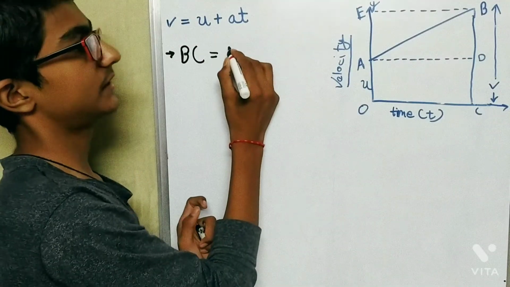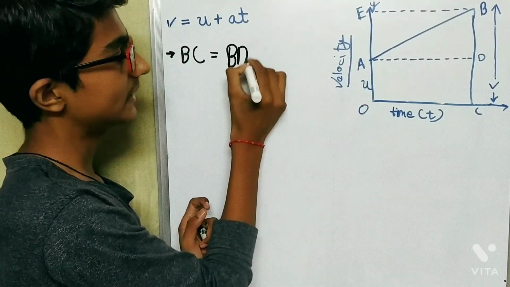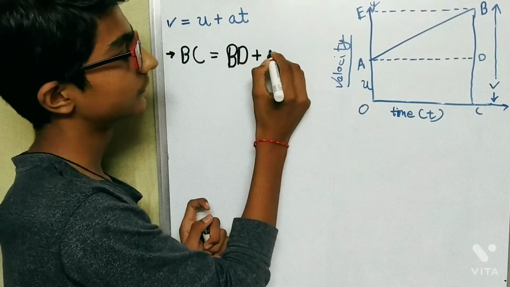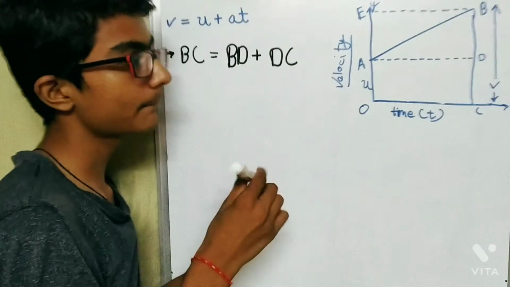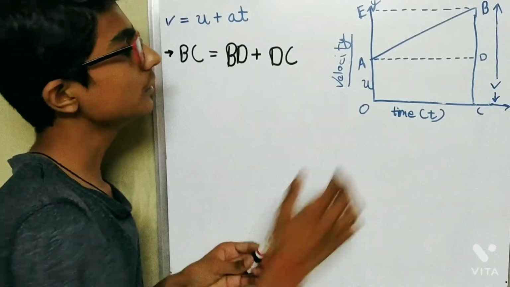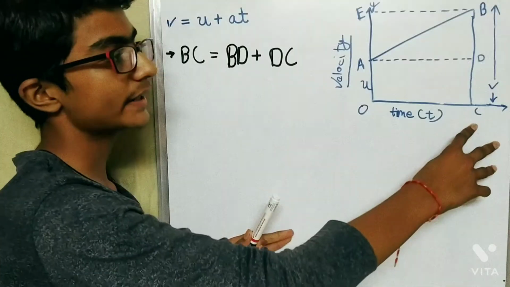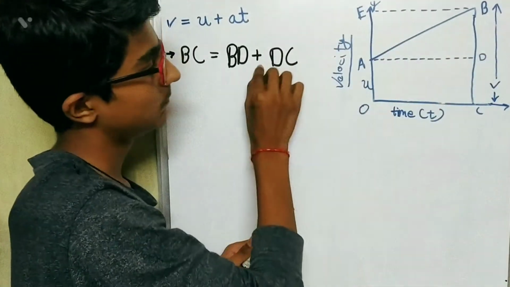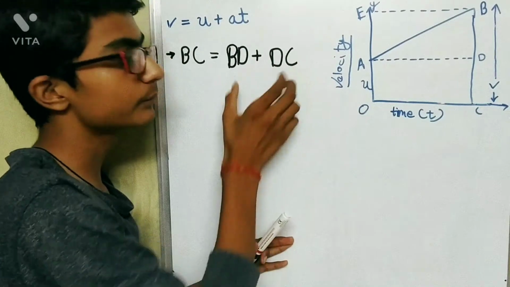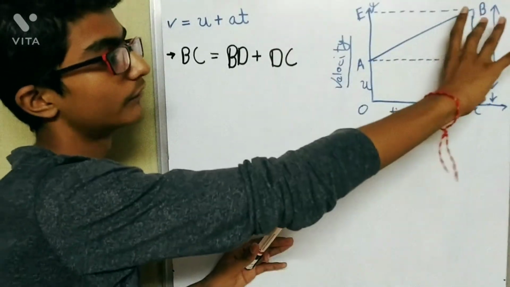See here, BC is equal to BD plus DC. This is the whole BC, and it can be written as BD plus DC, because these both are parts of this.